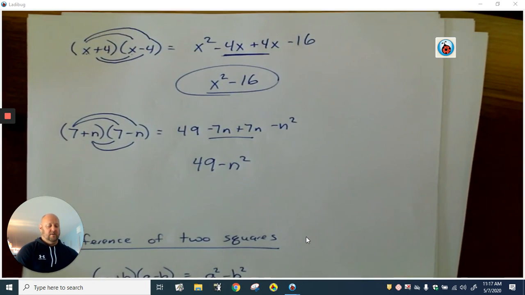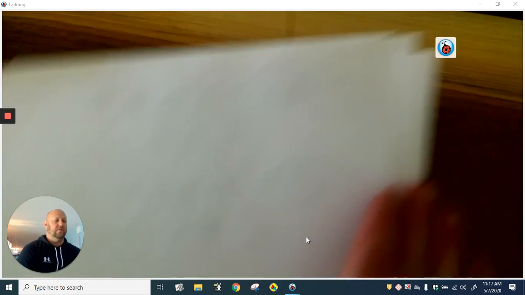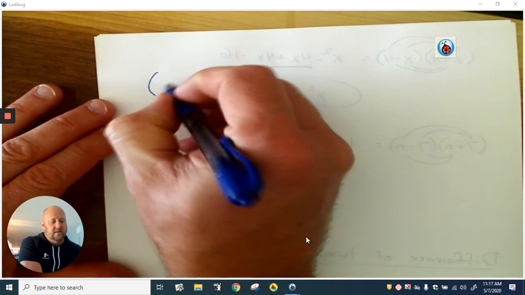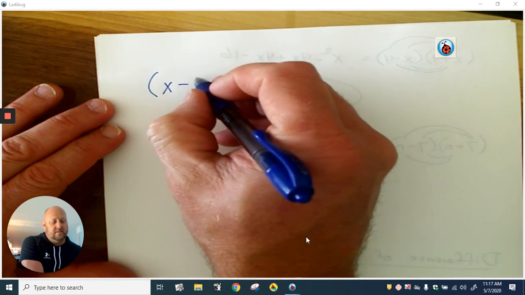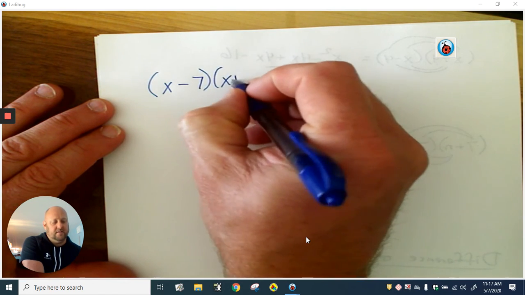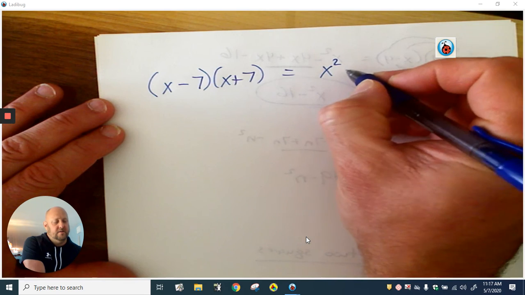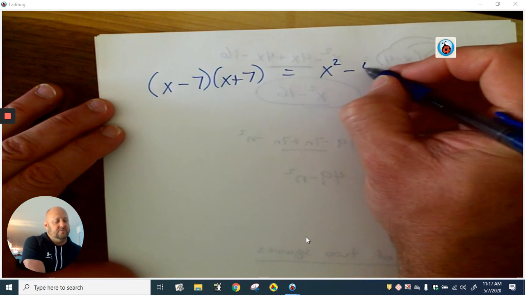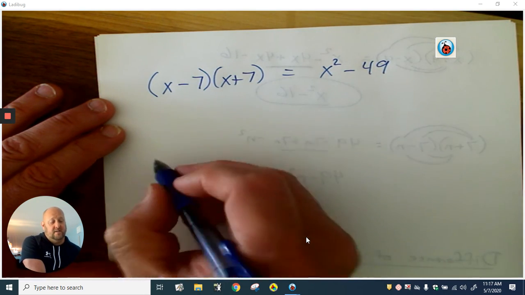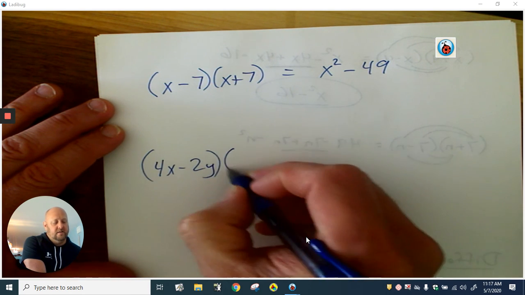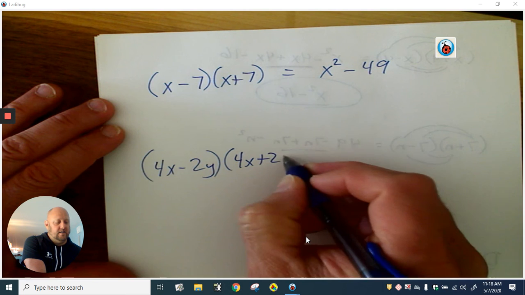So again, we can use this shortcut, and we don't have to actually FOIL things out to do things like x minus 7, x plus 7. That answer is just going to be the first term squared minus the second term squared, and you're done. 4x minus 2y, 4x plus 2y.